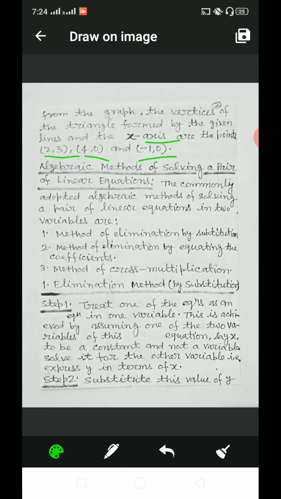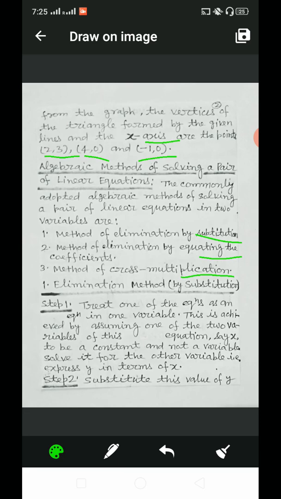To overcome these difficulties and to get an accurate answer, we have algebraic methods of solving simultaneous equations in two variables. They are: first, elimination method by substitution; second, elimination method by equating the coefficients; and third, cross multiplication method.